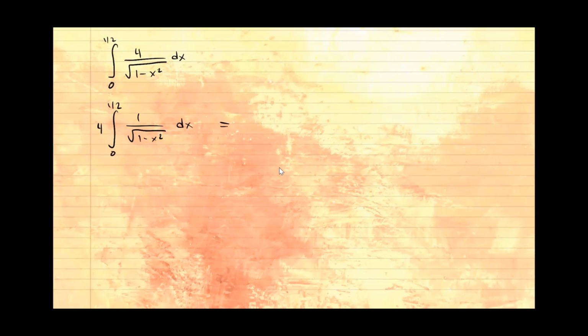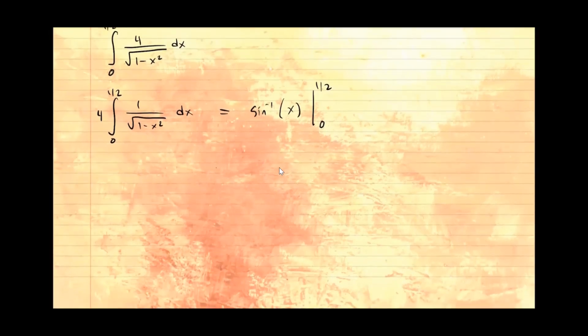We know this is sine inverse, so we get sine inverse of x, and we're going to take it from 0 to 1/2. So now let's plug in the upper limit and the lower limit of the integration. So we have sine inverse of 1/2 minus sine inverse of 0. Now this is your pre-calc knowledge. You should all know at this point what this is.